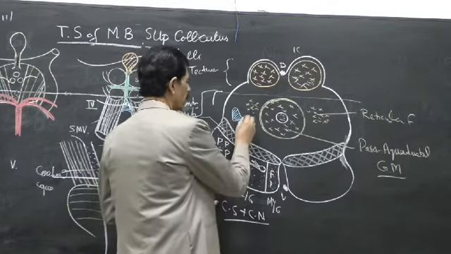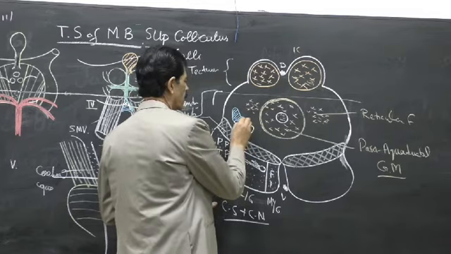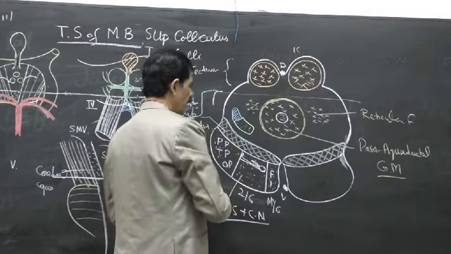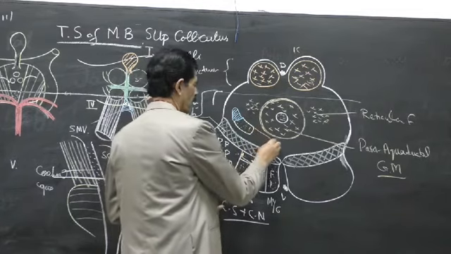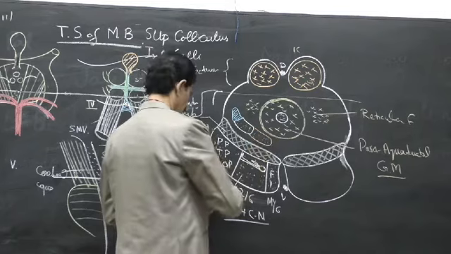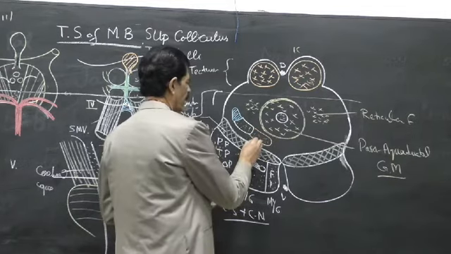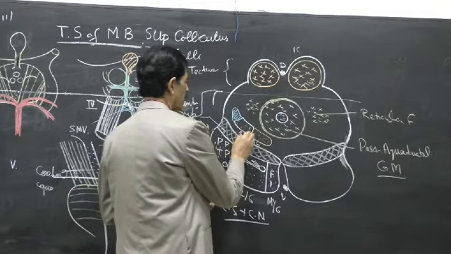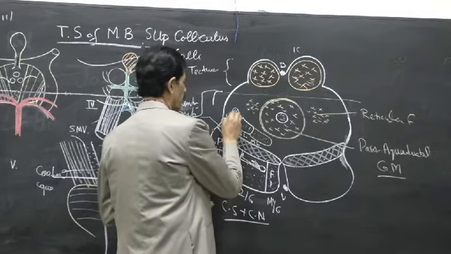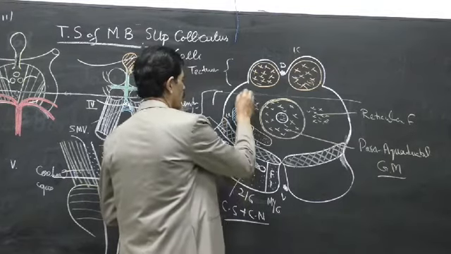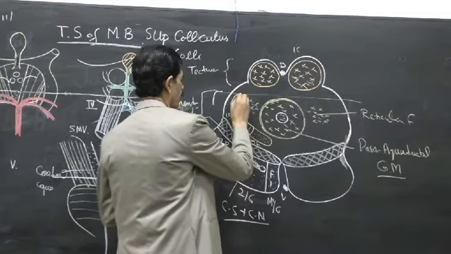Then medial to this is the spinal lemniscus, and medialmost is the medial lemniscus. The same as we have done in the upper pons: medial lemniscus, spinal lemniscus, lateral lemniscus, and more lateral is the trigeminal lemniscus.